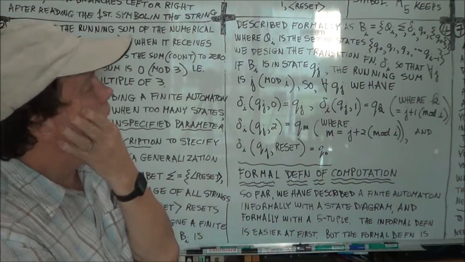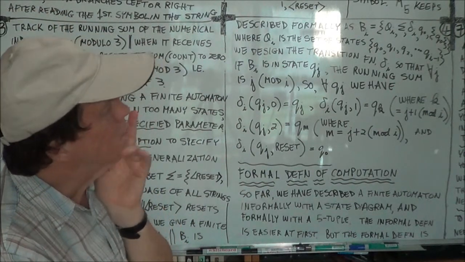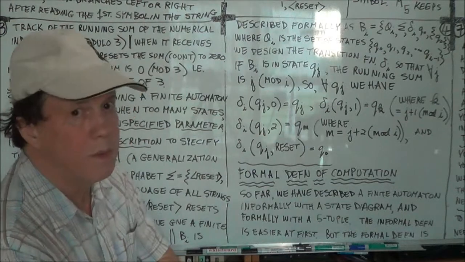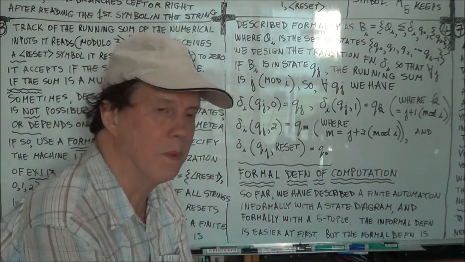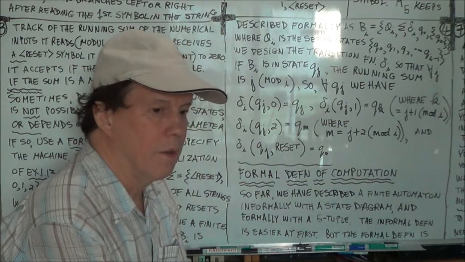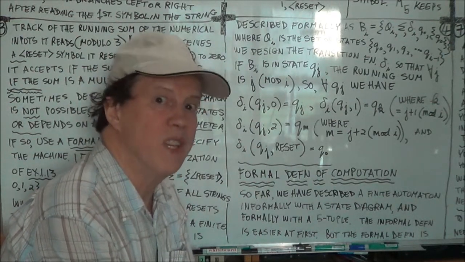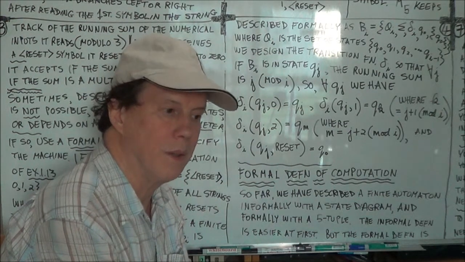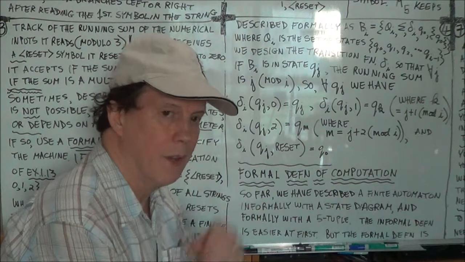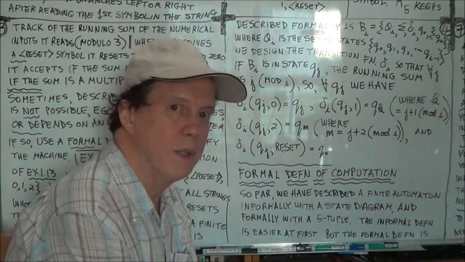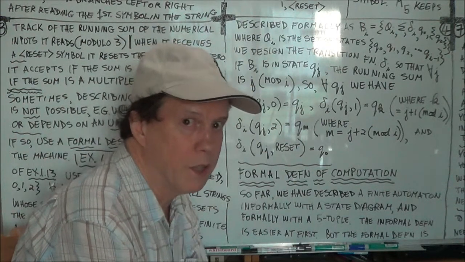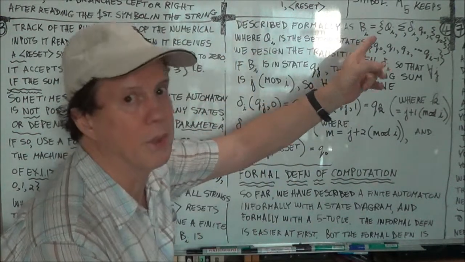So that's pretty similar to, this whole exercise is like a generalization of the previous one that was running sum mod 3, or the language set of input strings whose sum is a multiple of 3. In this case, this is a multiple of I.